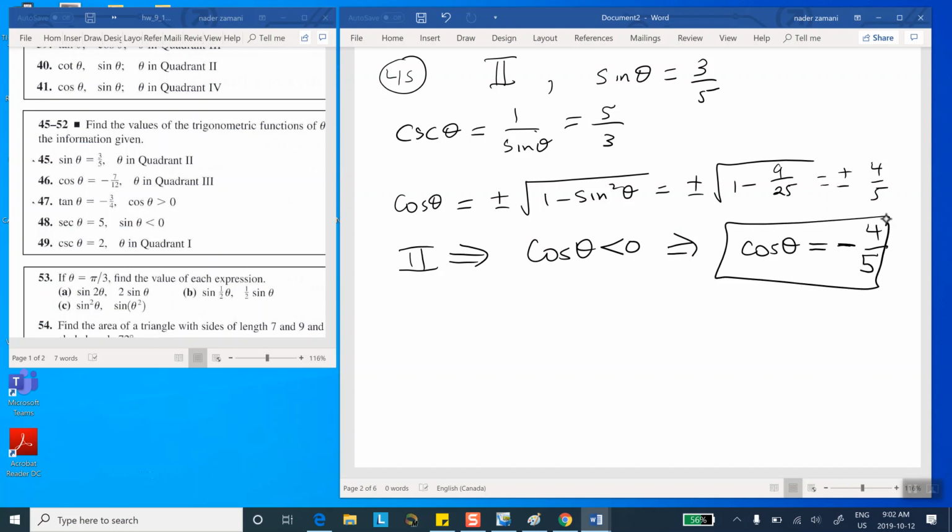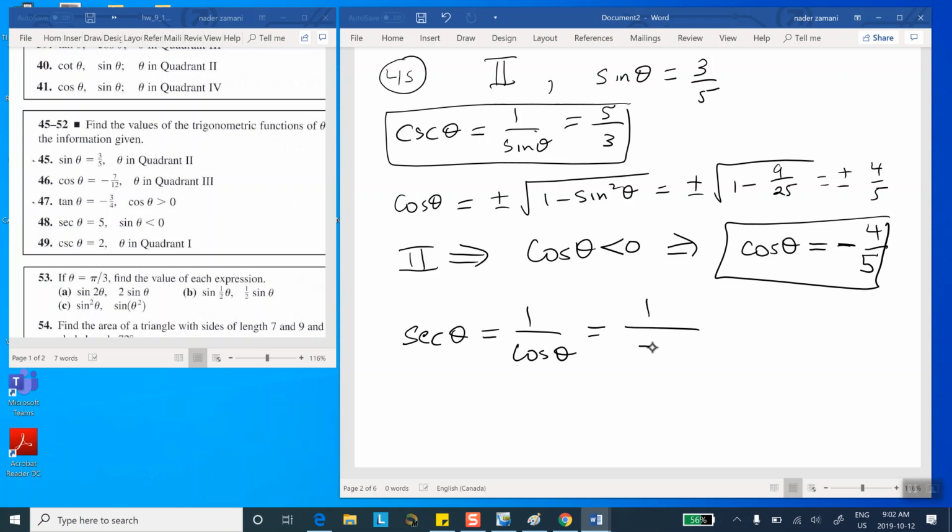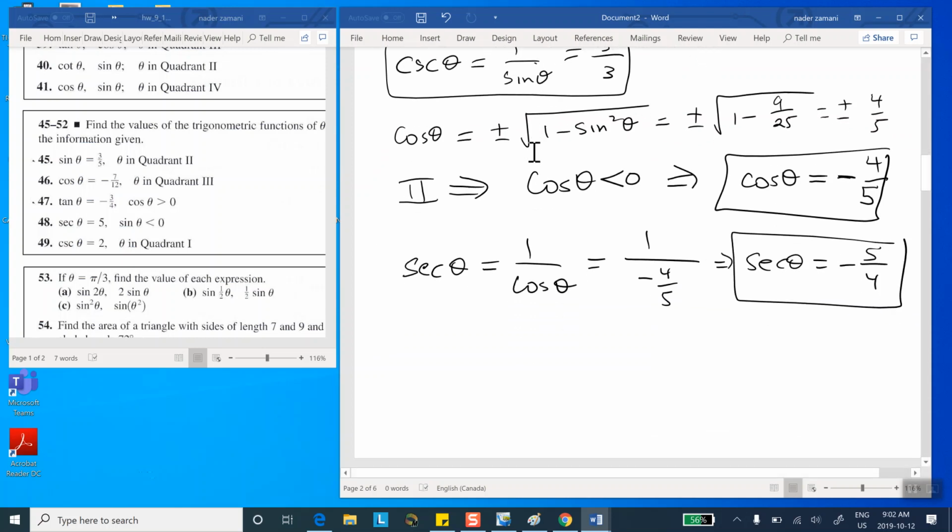So this is cosine, this is cosecant, and of course sine was given to us. Now immediately we write down secant of theta is 1 over cosine of theta, which means 1 over minus 4 over 5, and that means secant of theta is equal to minus 5 over 4. Let's do tangent.